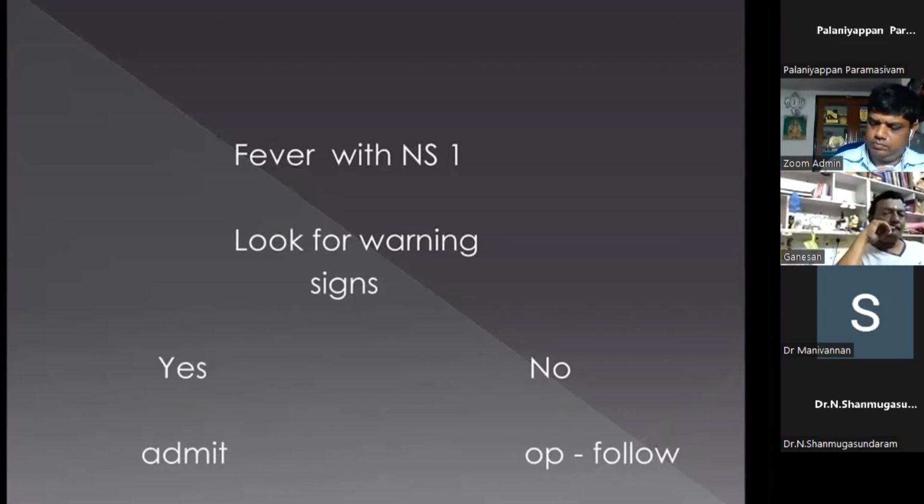The treatment suggested for an OP patient is giving a lot of ORS to maintain the BP. If the child has any of the warning signs, like I told you earlier, epigastric tenderness, severe vomiting, liver enlargement, evidence of fluid leak like abdominal distension and difficulty in breathing, any bleeding or shock, you have to admit.